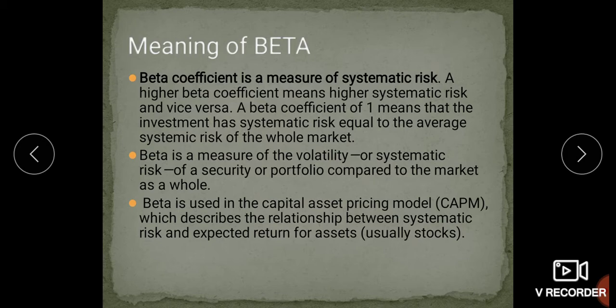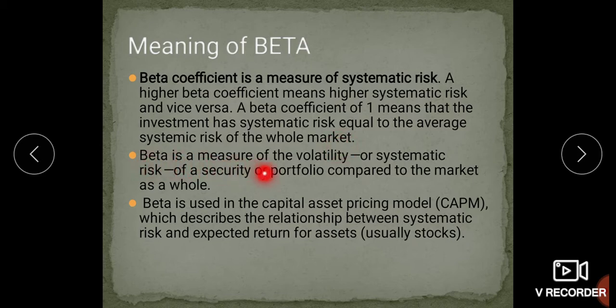So remember, beta is a figure that gives you a comparison between the systematic risk of a particular share or stock and the systematic risk of the whole market in which that share is traded. Beta coefficient 1 means the systematic risk of that share is equal to the average systematic risk of the whole market in which that share is traded.